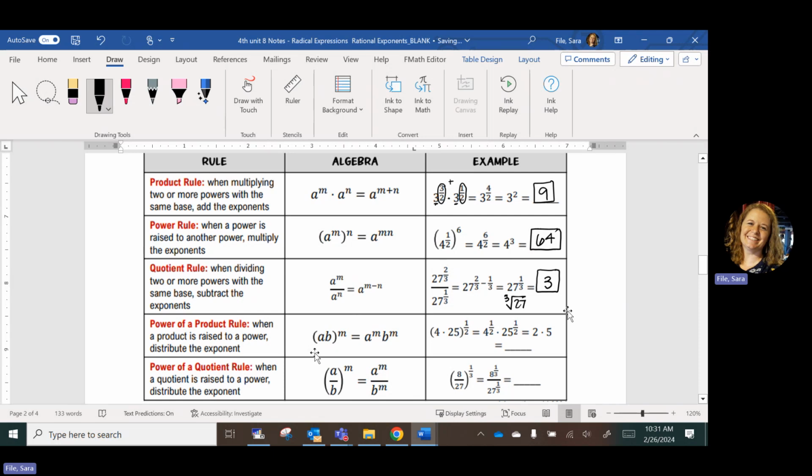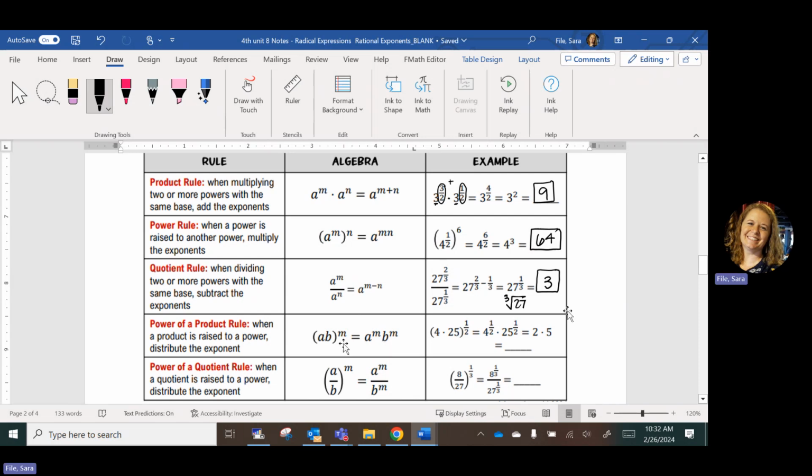All right, then the next one we're going to look at is the power of a product rule. If we have two terms that are being multiplied, so the product of A and B, and it's raised to the power of M, you can individually raise each of those factors, A and B, to the exponent and multiply them.